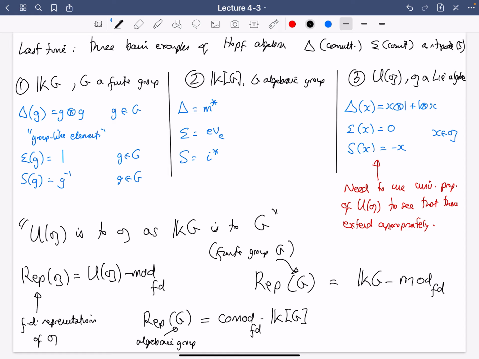And in this case, you actually have to develop this new theory of comodules over coalgebras, and you can't appeal to facts that you know about modules over rings in this world. So representations of an algebraic group is a little bit less of a familiar story.